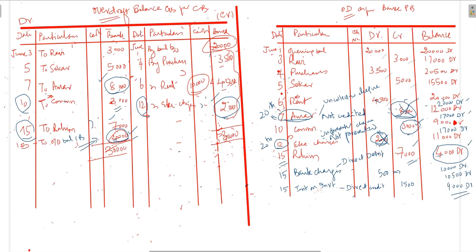So now, bank reconciliation statement as on 15 June. Let us take up our start point, which is cash book.